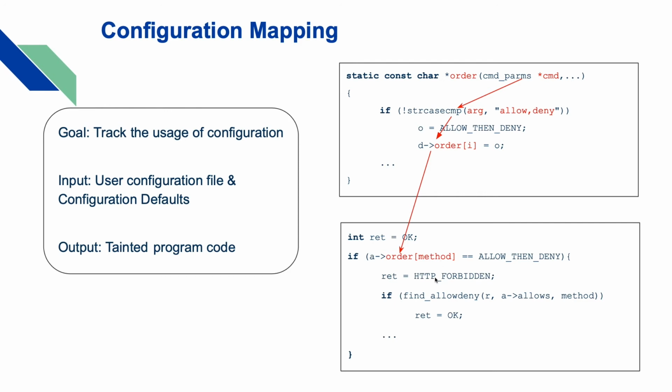Finally we will recognize that these basic blocks are enabled if the order was set to allow and deny here. We do this for every configuration parameter in the system. After this part, we will mark some pieces of the source code as directly related to the configuration.